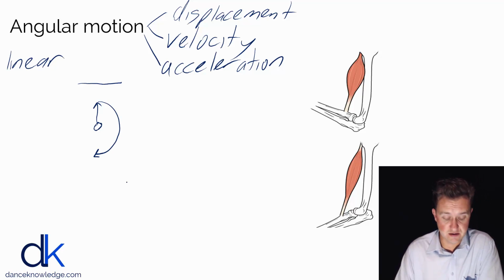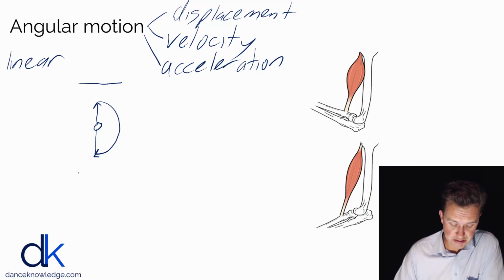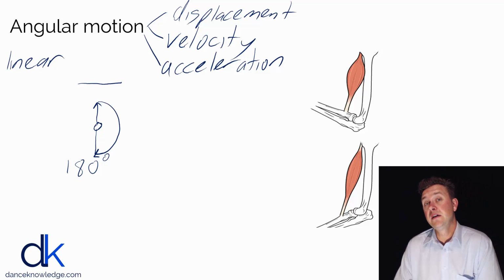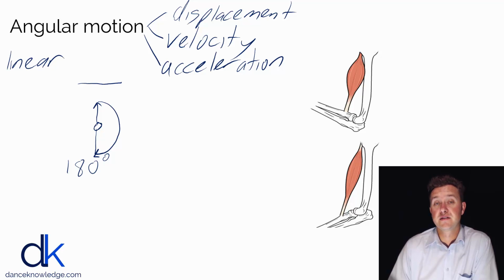Okay, so they've turned around, and now they are facing the back of the stage. Hopefully you can appreciate that that is referred to as turning 180 degrees. This concept of degrees is in fact the measure of distance. That is an angular measure of distance. It's measuring the amount of rotation that is being performed.